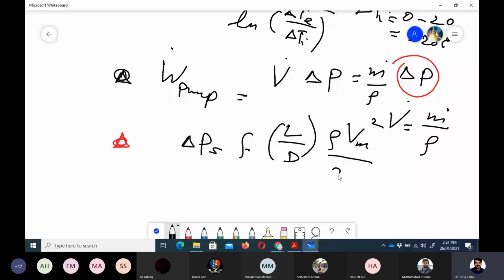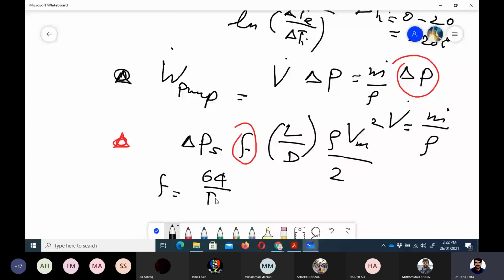Now length is given 200 meter, diameter is 0.3 meter, Vm, which is the mean velocity, is 2 meter per second. Rho we have extracted from the table at 20 degree. So now the only unknown here is f. For the f calculation for laminar flow, we know that it is equal to 64 upon Reynolds number.